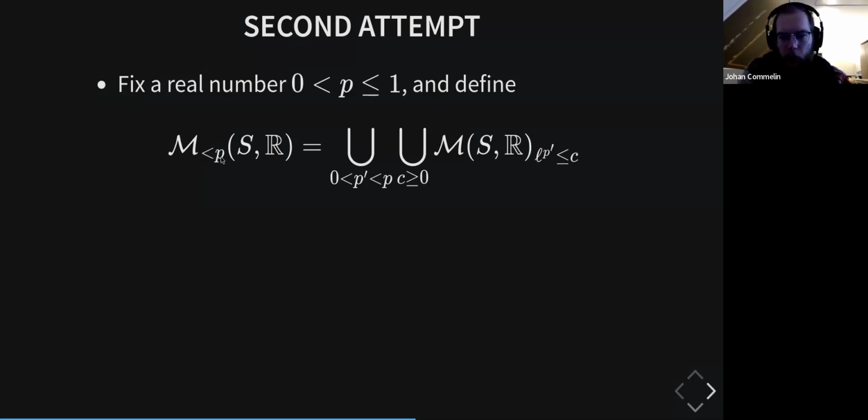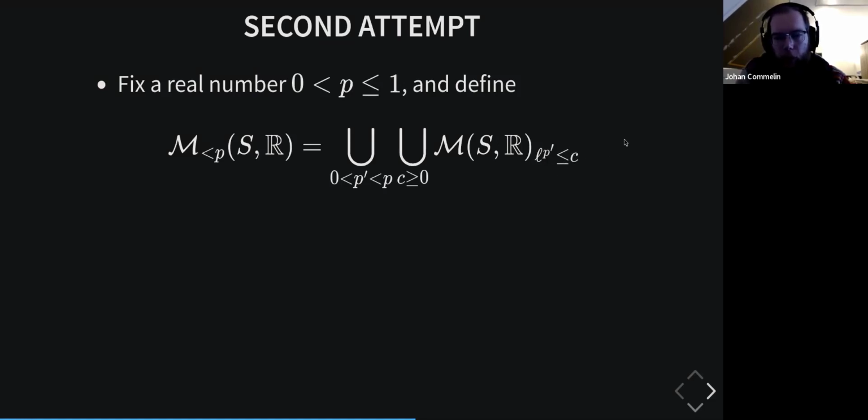So somehow these measures are going to be relative to LP prime norms, where P prime is allowed to vary anywhere between 0 and P. Okay. And then again, we take the union over all these bounds C.